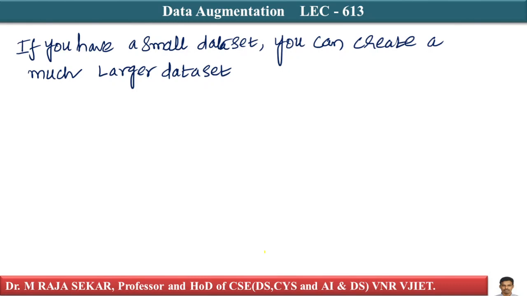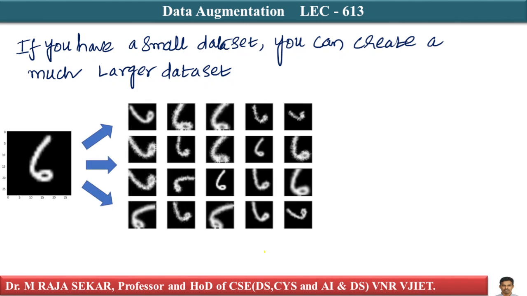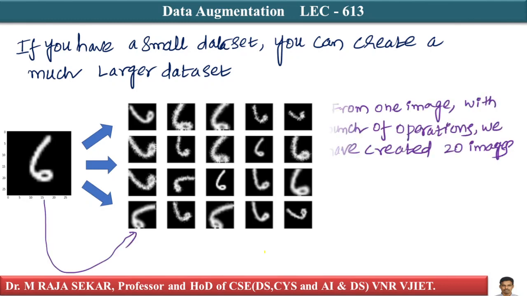See here, from one image, the single image 6, with a bunch of operations like rotation, shifting, zooming, horizontal shift, vertical shift, and adding noise, we created 20 images, isn't it?